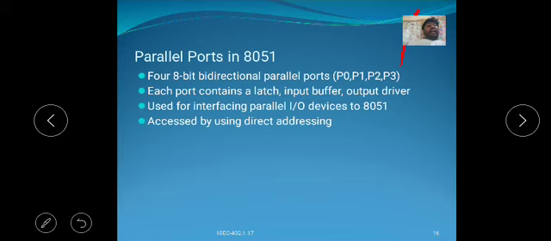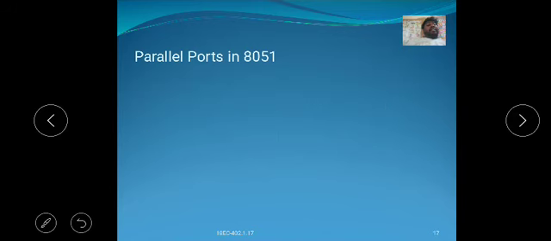Each port contains a latch, input buffer, output driver. Used for interfacing the parallel input-output devices to the 8051. Accessed by using direct addressing.